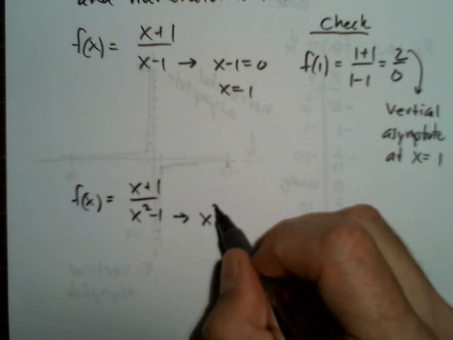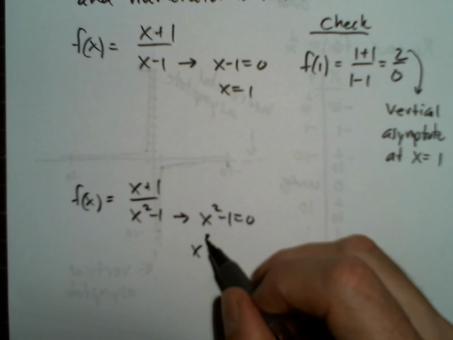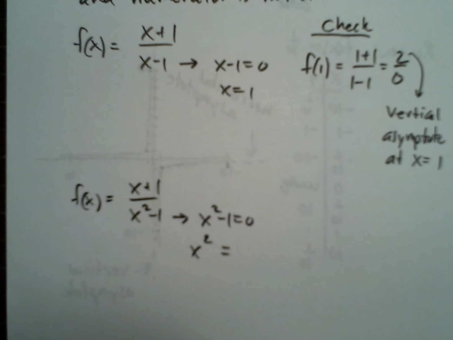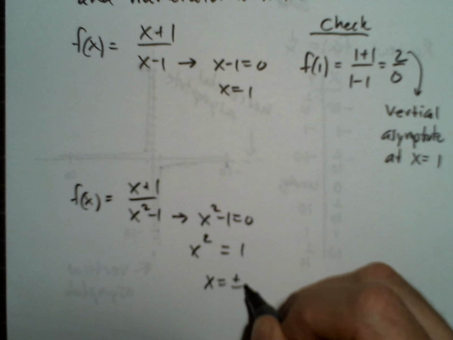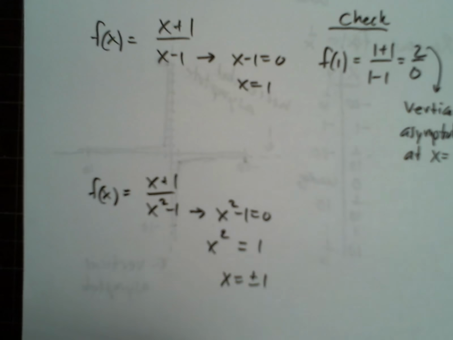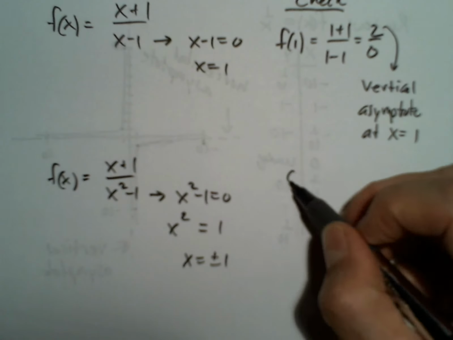We're going to find out when the denominator is 0, so positive or negative 1 makes it 0. And now we check.